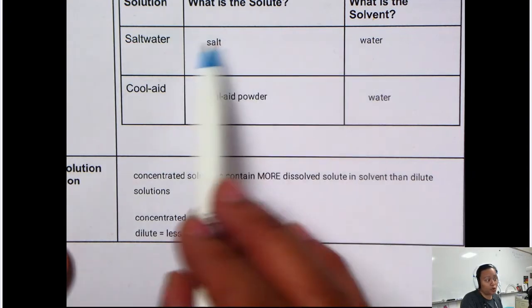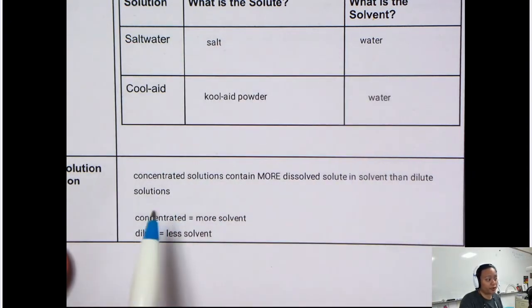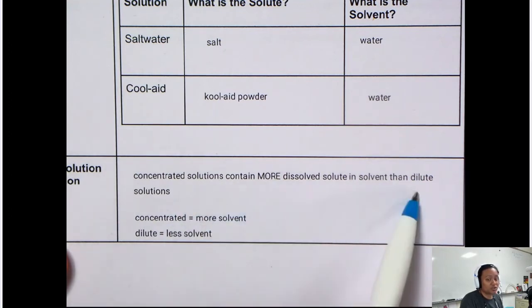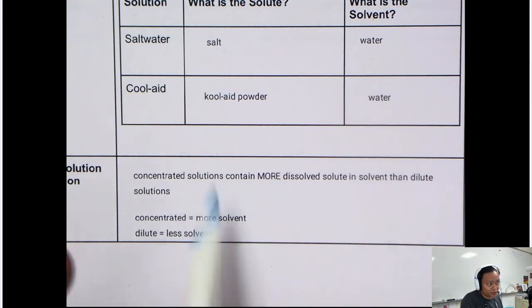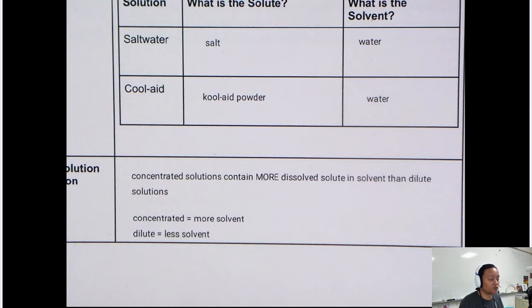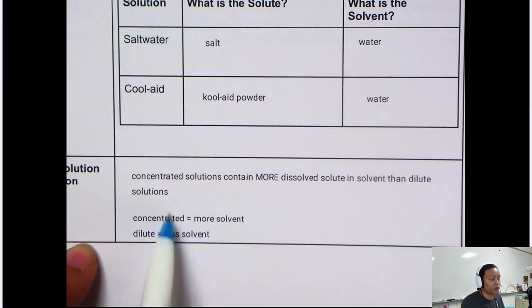You have more salt dissolved in the water. If it's a dilute solution, there would be less salt dissolved in the water, all right? Fewer particles of salt dissolved in the water is dilute. The more you have, the more solute you have.